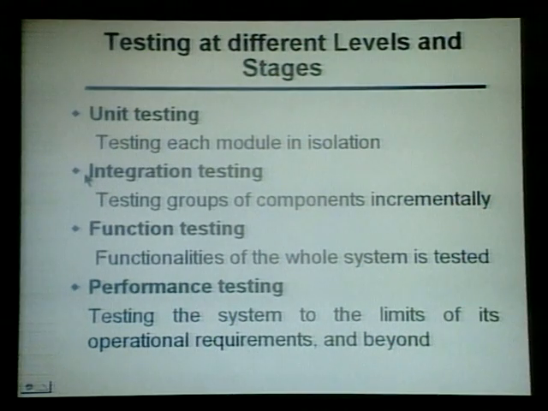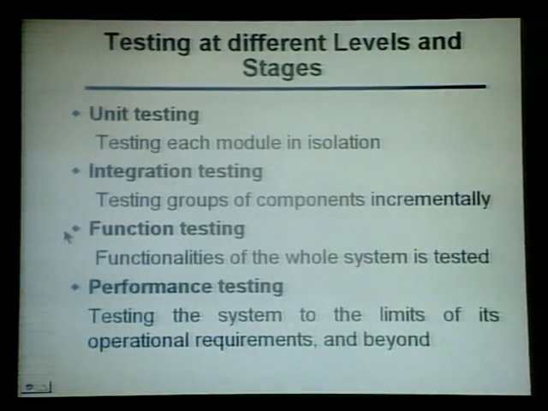Then we can perform integration testing, in which a number of modules are integrated and tested to make sure that once integrated, they will work correctly according to the specification.